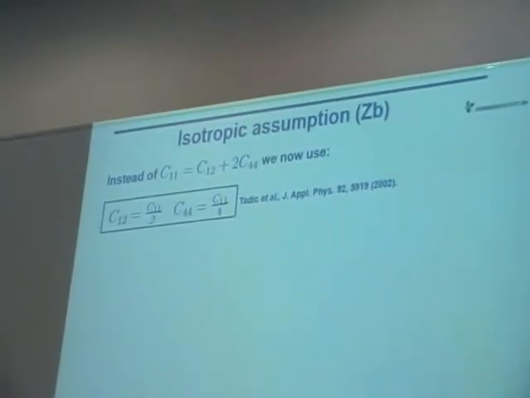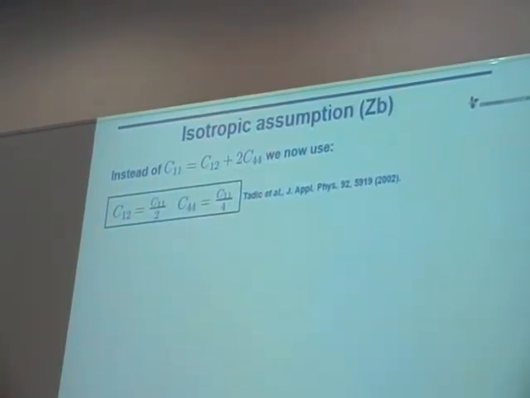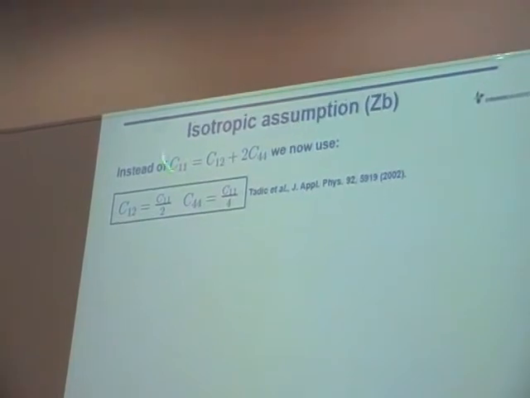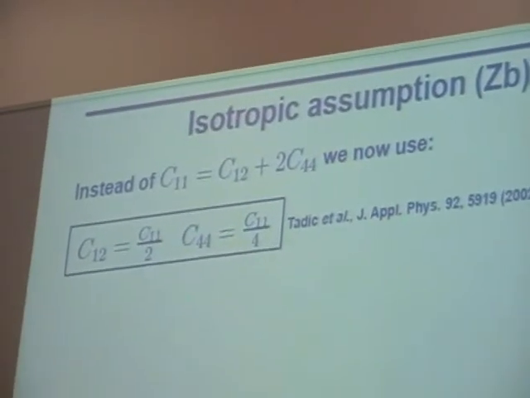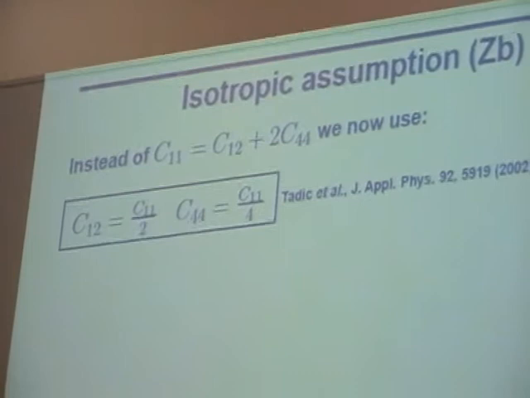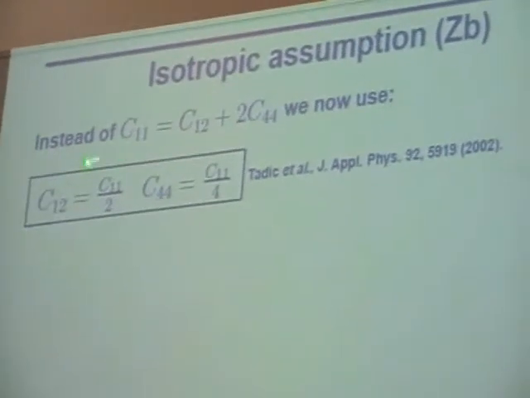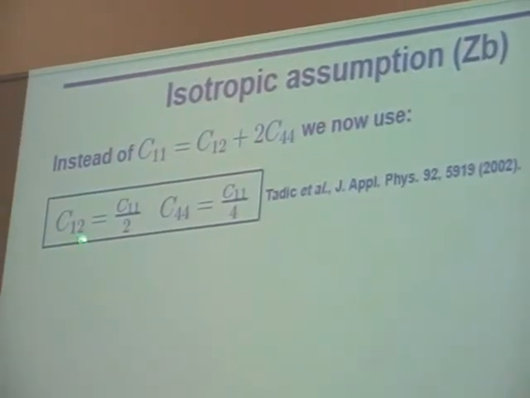Instead of using the first one that I showed you, use the second one. Instead of using the real values for C12 and C44 and then deriving C11 from this relationship, use this other one, which mathematically satisfies the same condition, but in this case we take C11 and calculate C12 and C44.